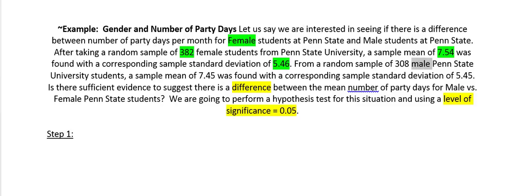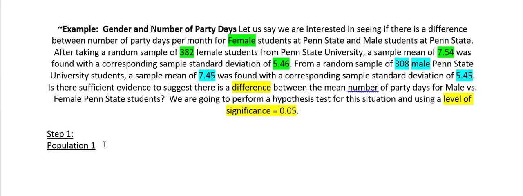For male PSU students, highlighting it in blue, we have 308 as our sample size, a mean of 7.45, and a corresponding standard deviation of 5.45. This is going to help me define the two groups and also do my calculation.